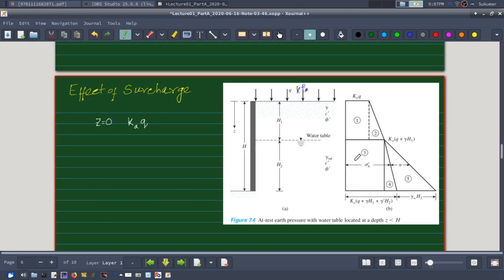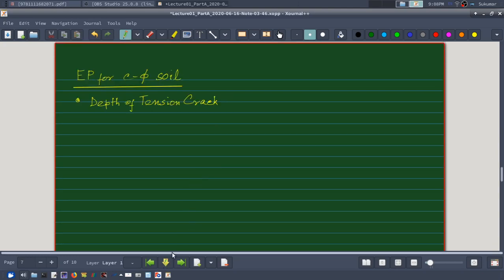Alright, so if I know the numerical values of Q or gamma and phi and C, etc., then I will be able to find out the numerical value of Ka or K naught or Kp, and accordingly I'll be able to find out the actual values of the earth pressure. Okay. Now let us take up a simple example.